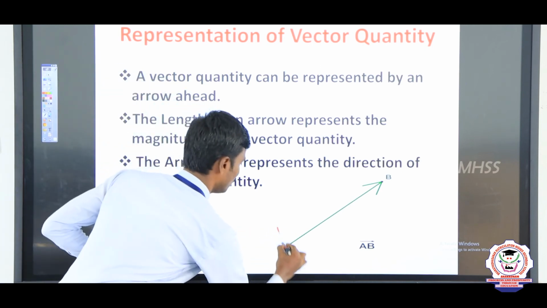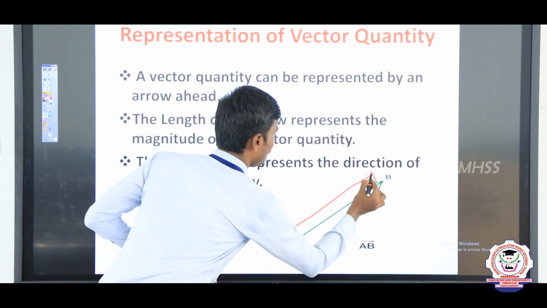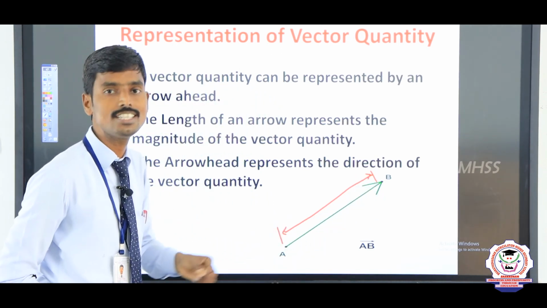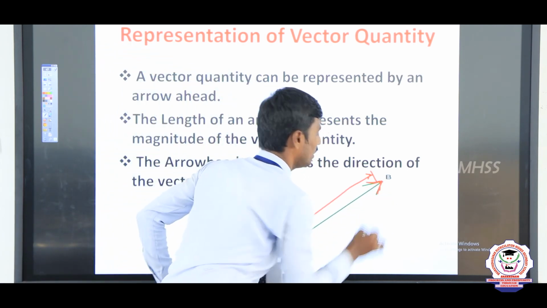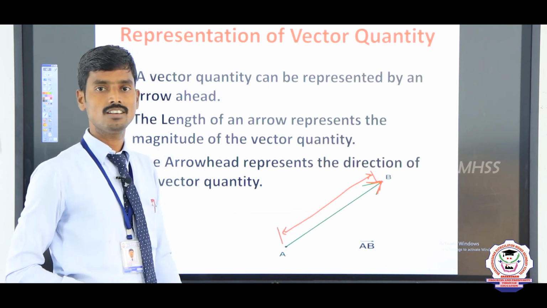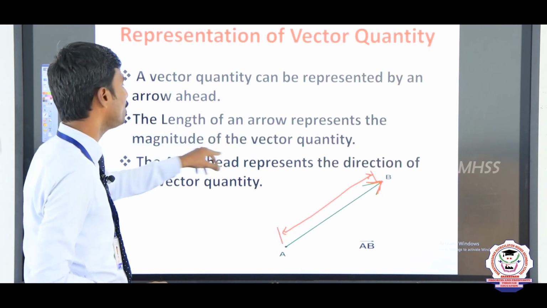The length of the arrow represents the magnitude of the physical quantity, and the arrow head represents the direction of the physical quantity. So the length of an arrow represents the magnitude of the vector quantity.